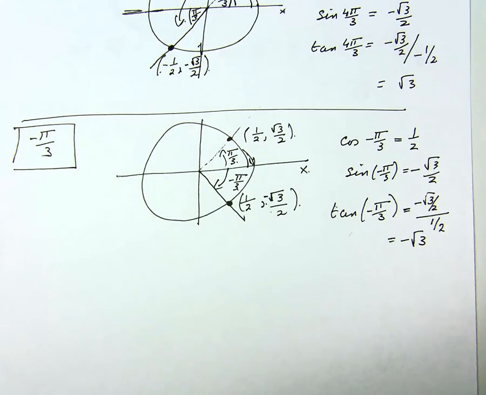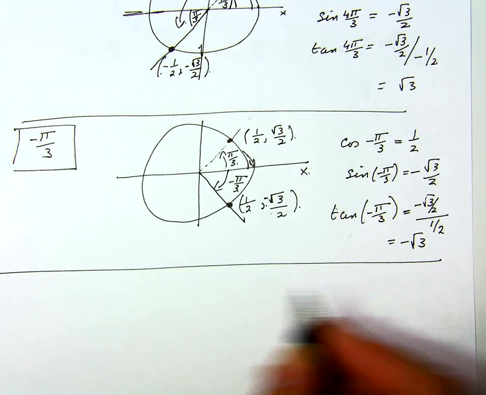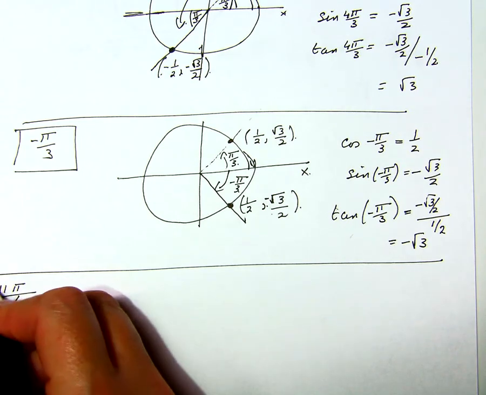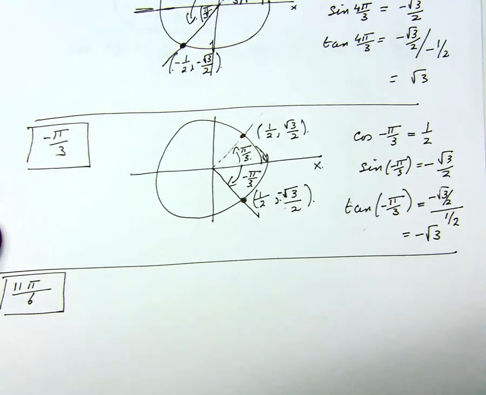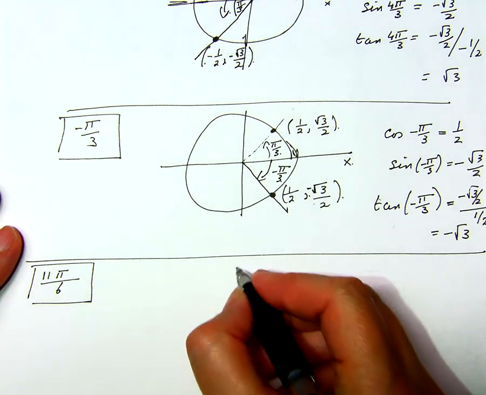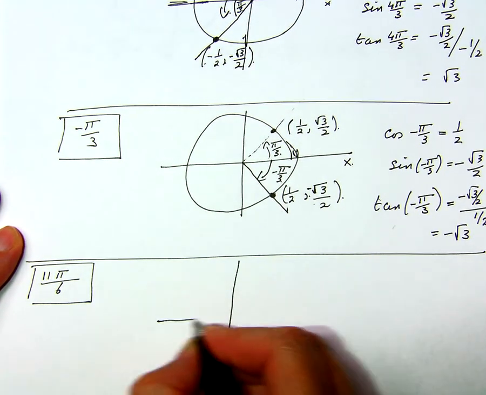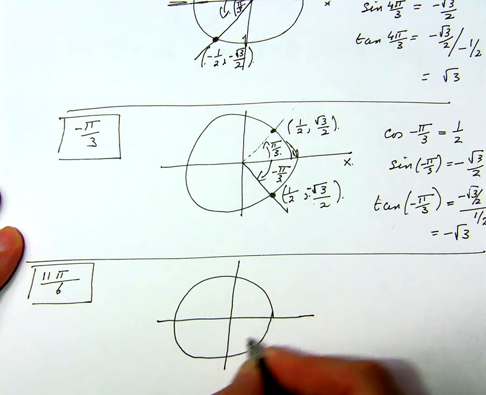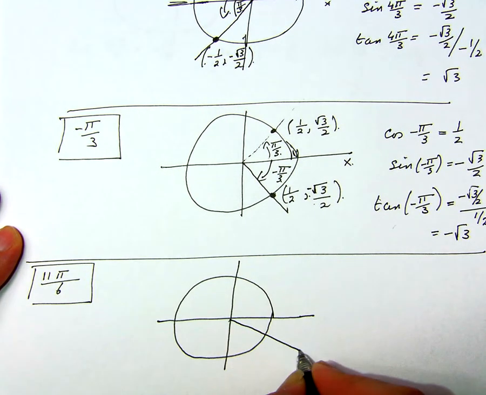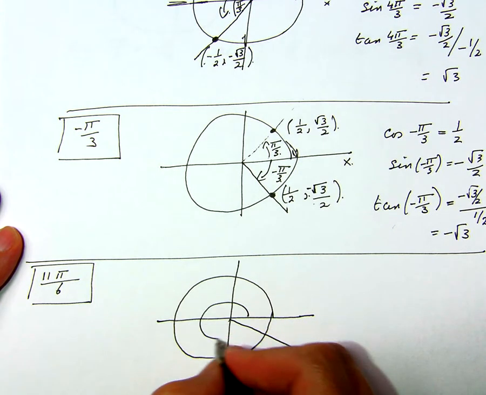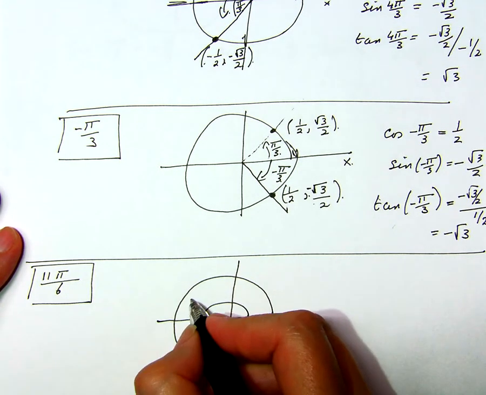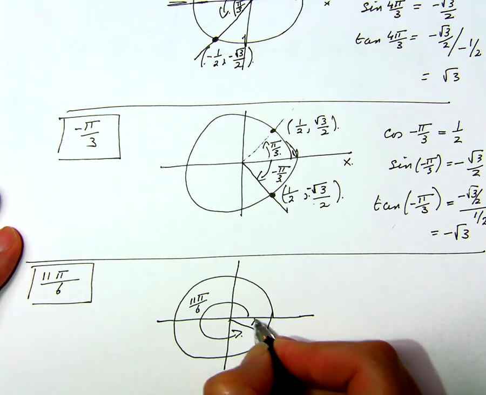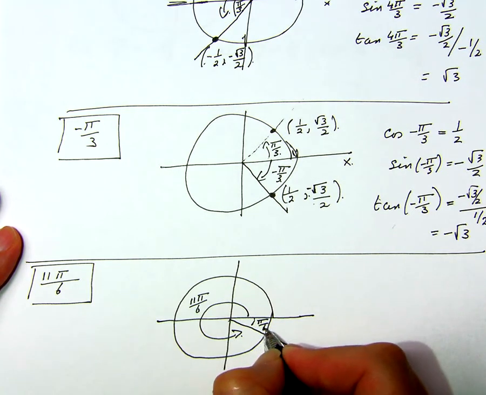Let's try another angle. 11 pi over 6. That's almost 2 pi, but not quite. It's pi over 6 radians short of 2 pi. So its terminal side is in the 4th quadrant. And this angle here is pi over 6.